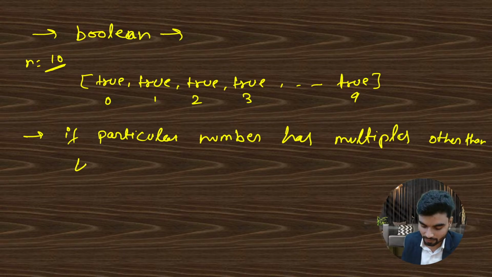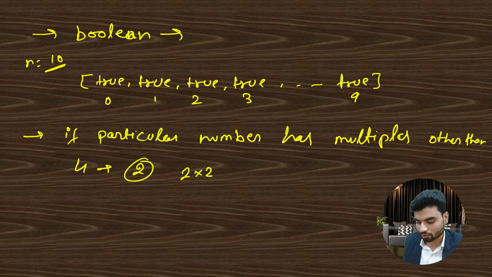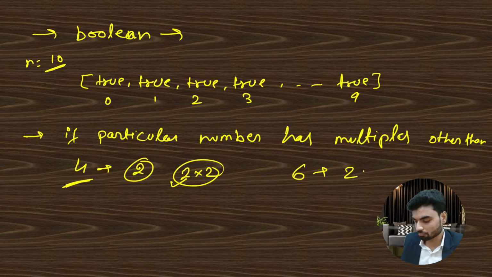For example, take 4. 4 has a multiple of 2; we can do 2 multiplied by 2. 2 is a prime, but 4 is not a prime number. Why? Because it has multiples. If I talk about 6, 2 multiplied by 3, it has other multiples than 1 and 6, so it's not a prime.